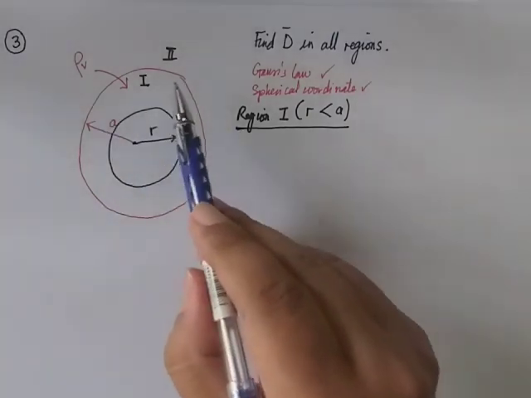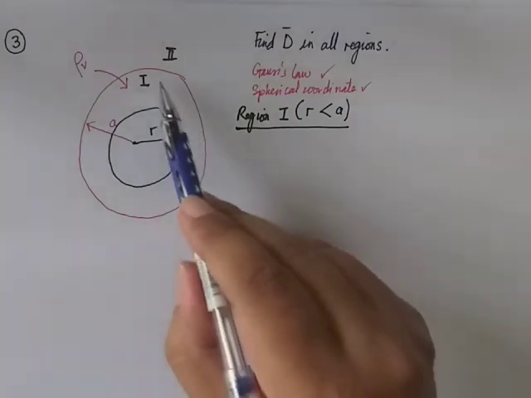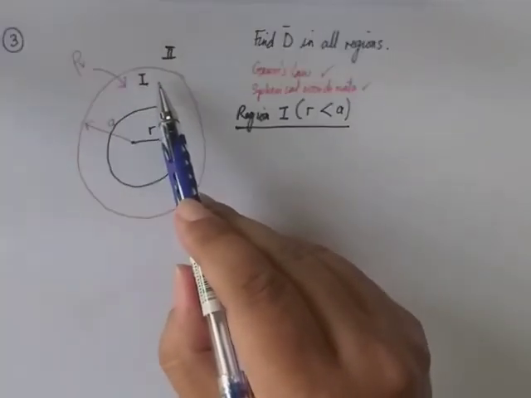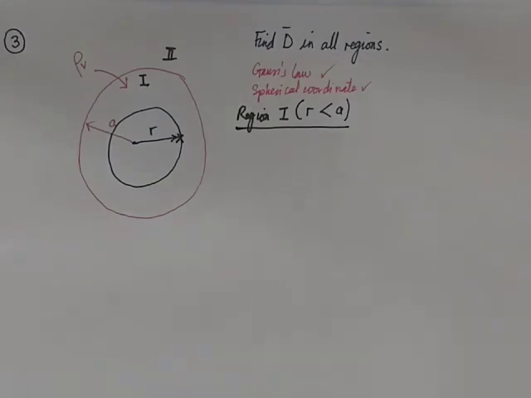If I put X here, I draw my Gaussian passing through the point X, yet the R here is still smaller than A. Okay, so now let's continue.